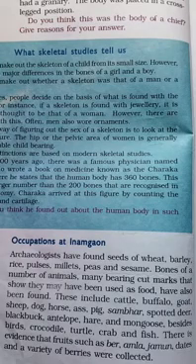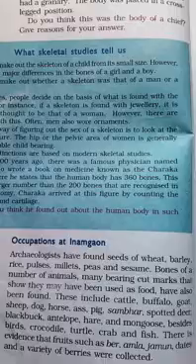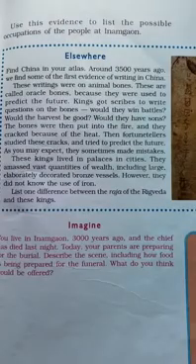There is also evidence that fruits such as ber, amla, jamun, dates, and various berries were also collected during that time. Use this evidence to list the possible occupations of the people of Inamgaon.